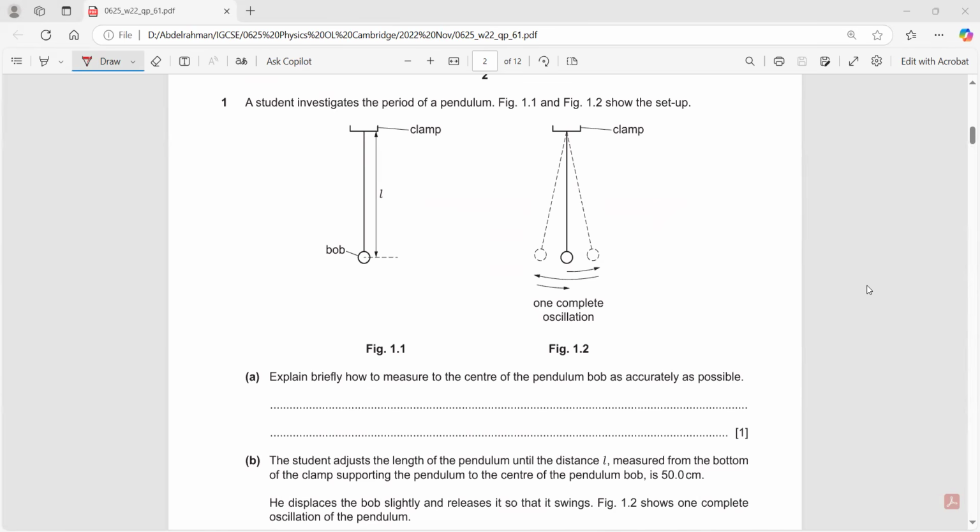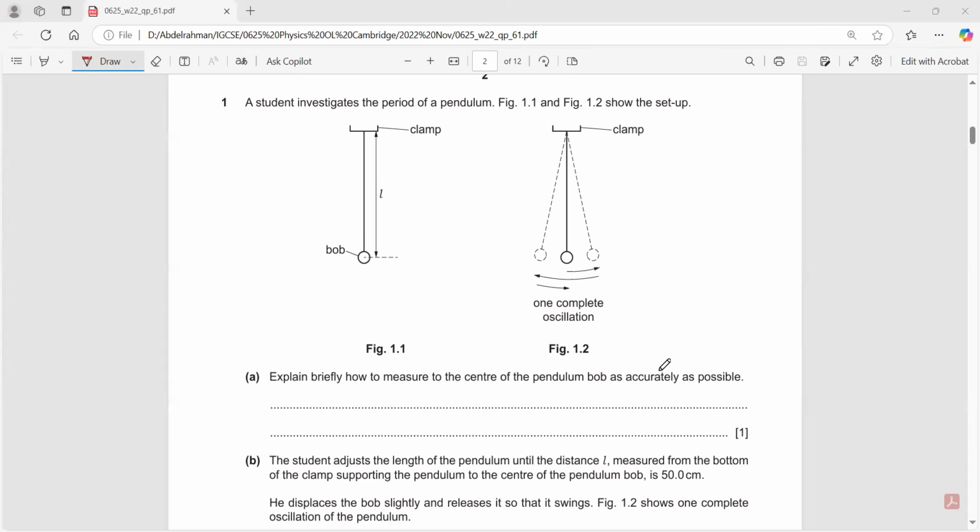How can I measure to the center of this pendulum? Using the ruler, definitely. All you need to do is draw the ruler vertically, which has to be very close. It needs to be kind of touching the bob.